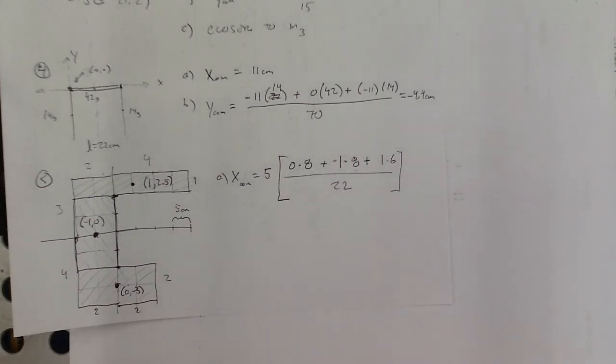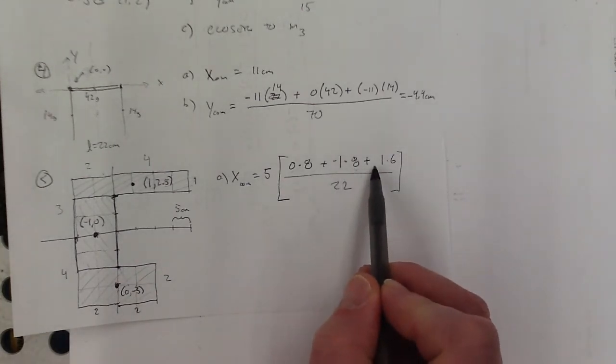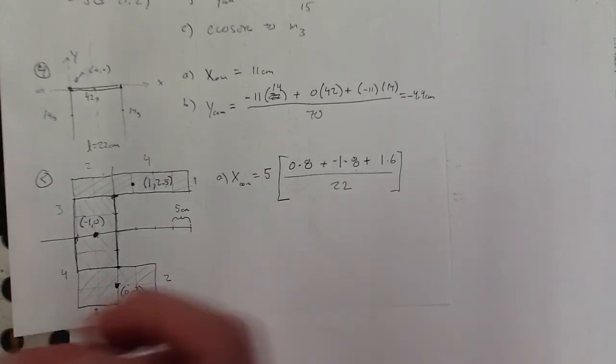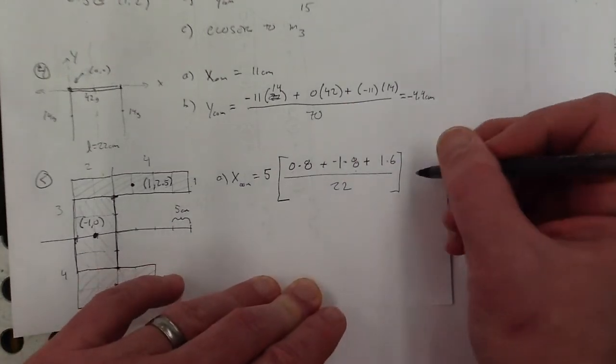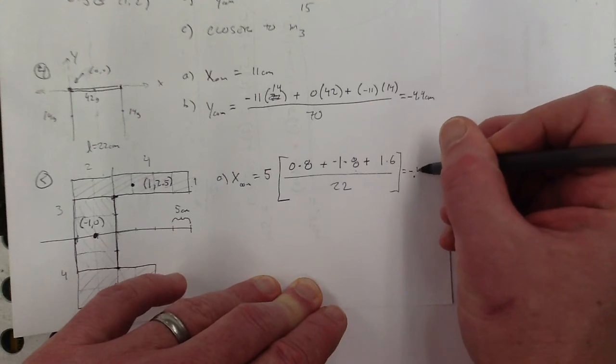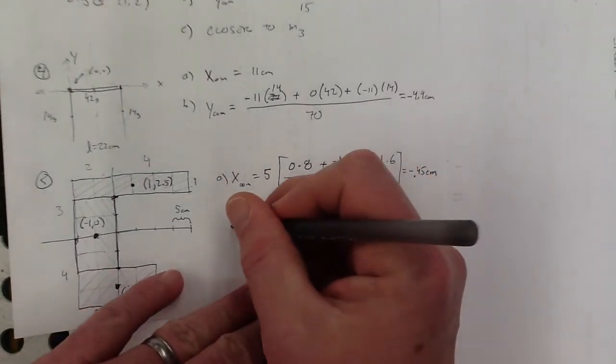So let's see. -8 plus 6 is -2, yeah. -2 divided by 22 times 5 is -0.45. And that's in centimeters.